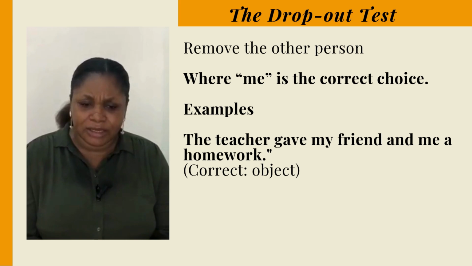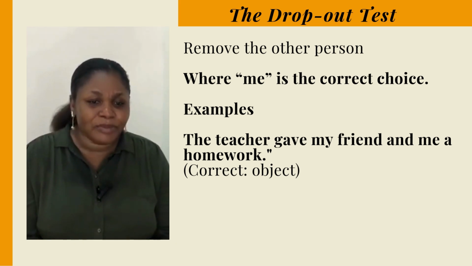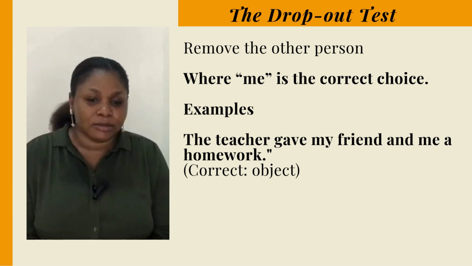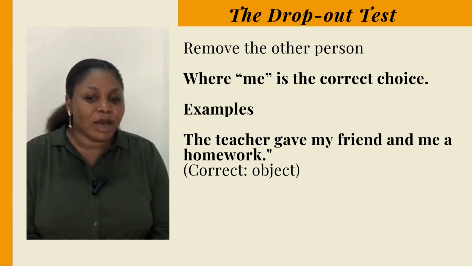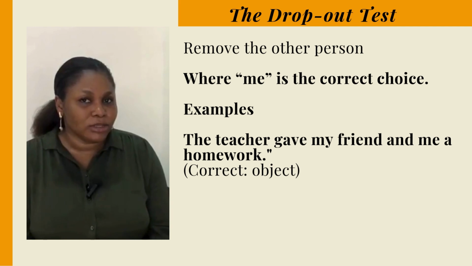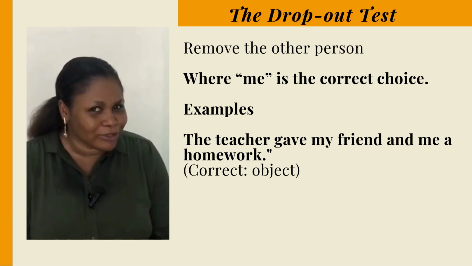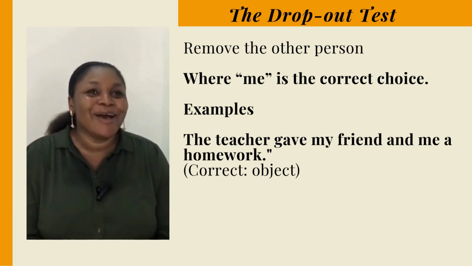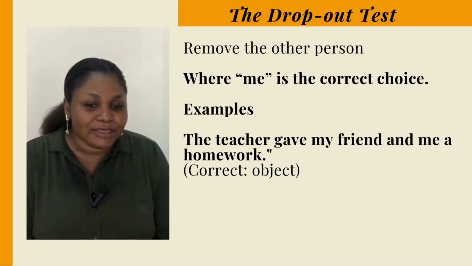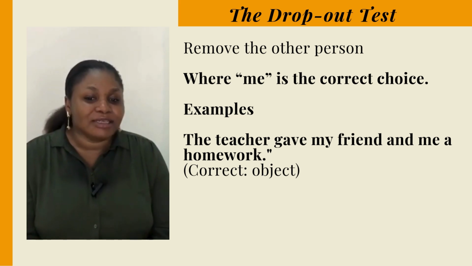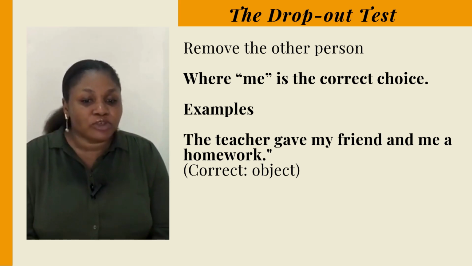Is that correct? Yes, it is correct. But let's try I and see if maybe we are just speculating. My teacher gave I a homework. Is that correct? Of course not. It sounds ridiculous. Okay, so in this context, we are now certain that it is me we're supposed to use and not I.